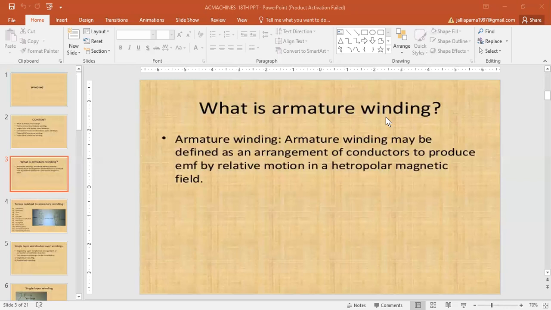For example, if there are 36 slots and 4 poles, then coil span is 36 by 4, equal to 9 slots. If the number of slots is 35, then Ys is 35 by 4, equal to 8, because it is customary to drop the fraction.